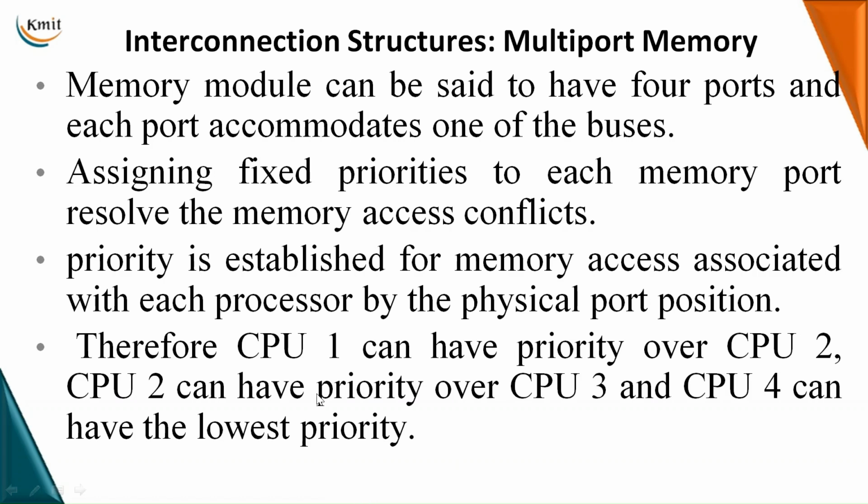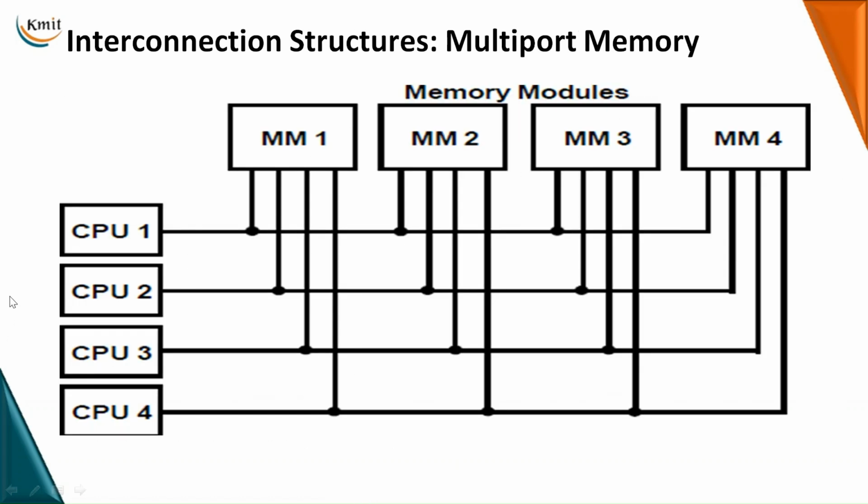If you take CPU1, CPU1 will have a higher priority than CPU2. CPU2 has a higher priority than CPU3. CPU3 has a higher priority than CPU4. So if CPU2 and CPU3 try to access memory module 1 at the same point of time, in order to resolve the conflict, whichever CPU has the higher priority is allowed to access that particular memory module.